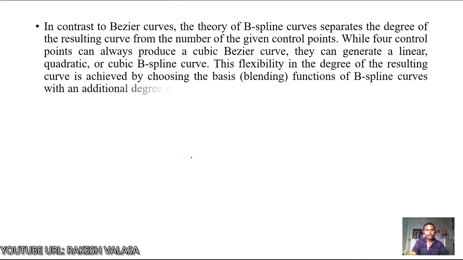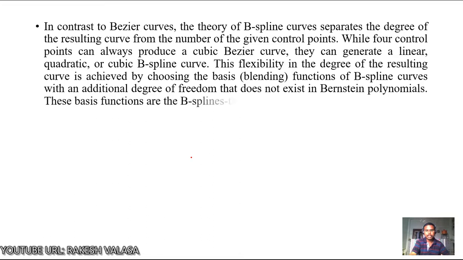While 4 control points can always produce a cubic Bezier curve, they can generate a linear curve, quadratic curve, or cubic b-spline curve. This flexibility in the degree of the resulting curve is achieved by choosing the basis function, that means the blending function of b-spline curves, with an additional degree of freedom that does not exist in Bernstein polynomials.